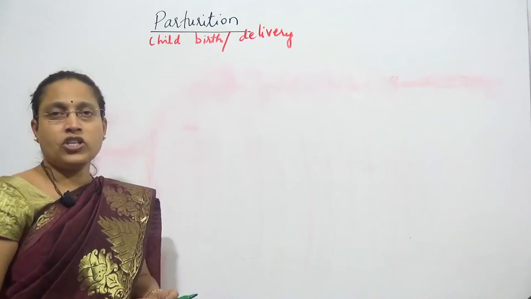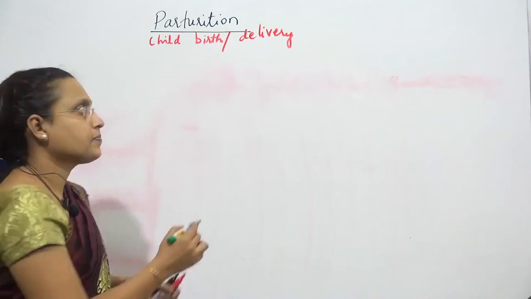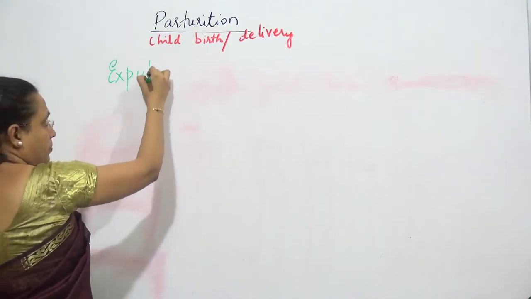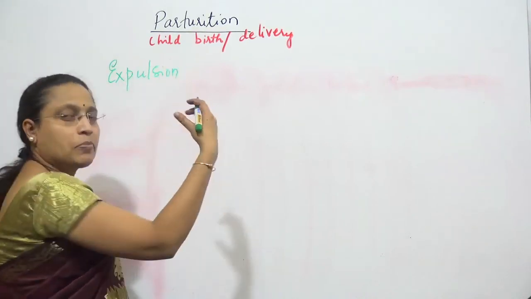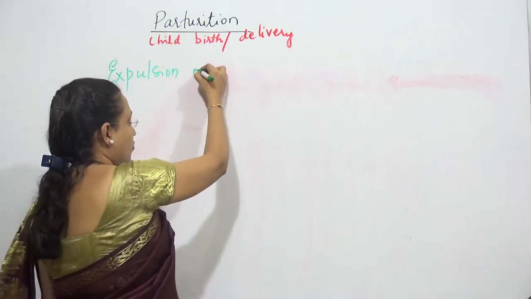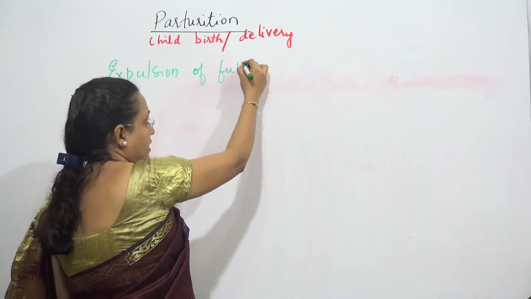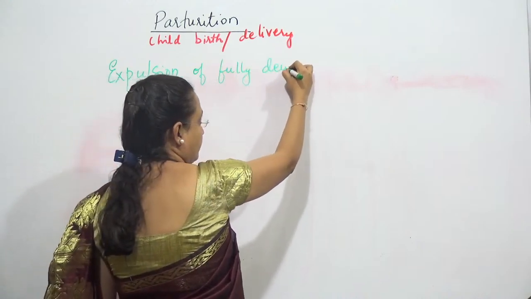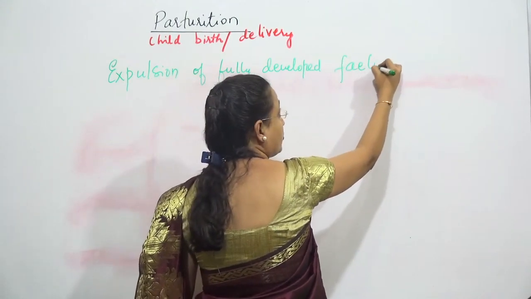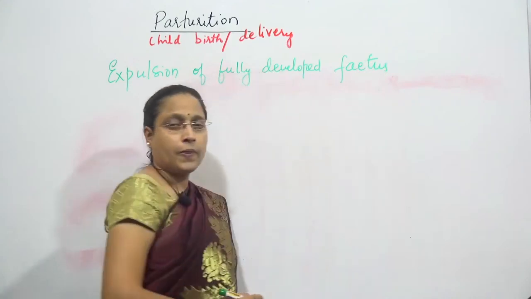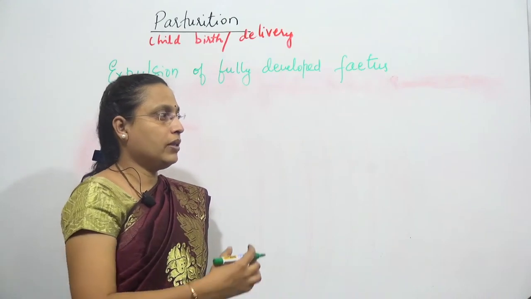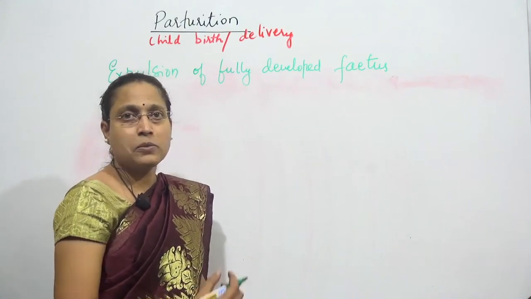Now, there is one more definition you can give for parturition: expulsion, which means removal, coming out, of a fully developed fetus. From where is it expelled? From the womb of the mother. It is expelled outside.